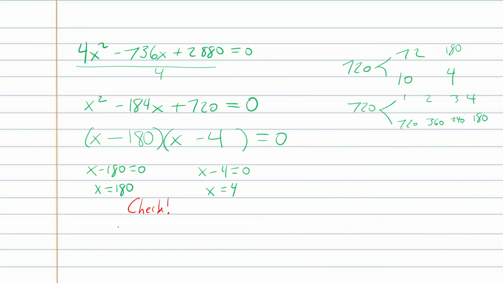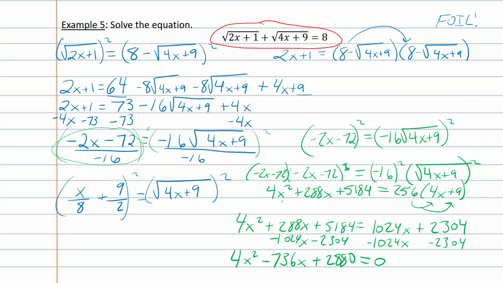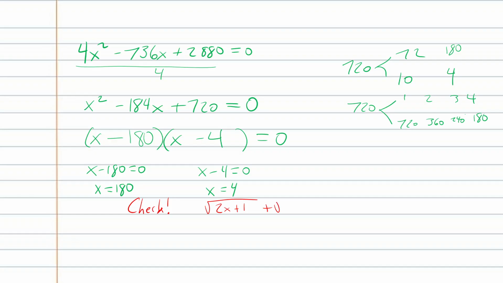Alright, so we're looking at the square root. I'll just go ahead and rewrite it. The square root of 2x plus 1 plus the square root of 4x plus 9 equals 8. Okay, now we're going to check the 180 first.